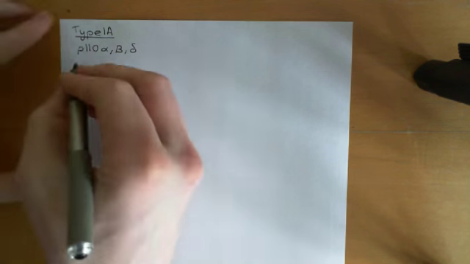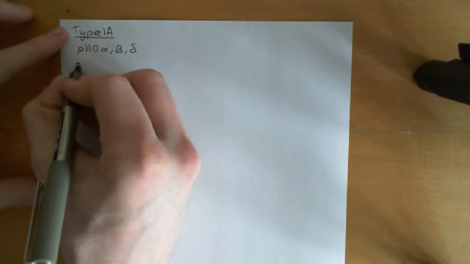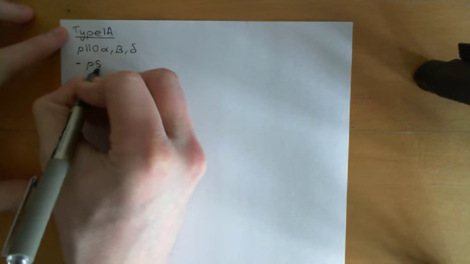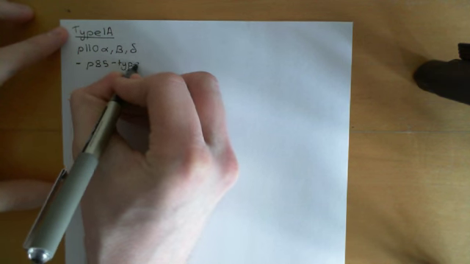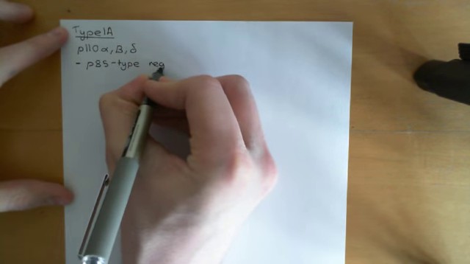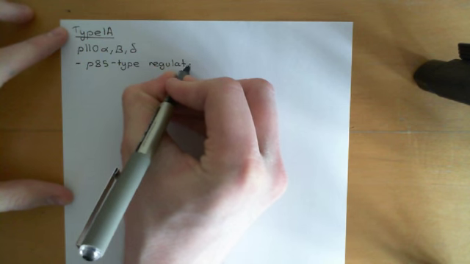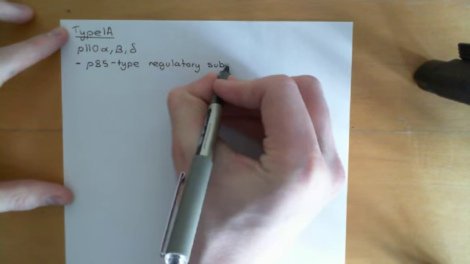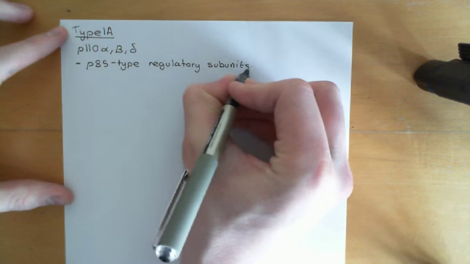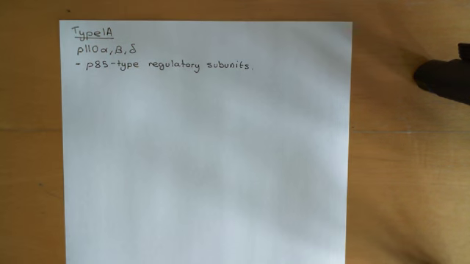So, the regulatory subunits that can be attached to these catalytic subunits are called P85 type regulatory subunits. Okay, and there are 3 different genes which can be used to make these P85 type regulatory subunits, and one of these genes has 3 different splice variants. So let me firstly tell you the names of the genes which make the P85 type regulatory subunits, and then I'll tell you the names of the proteins which they can produce.